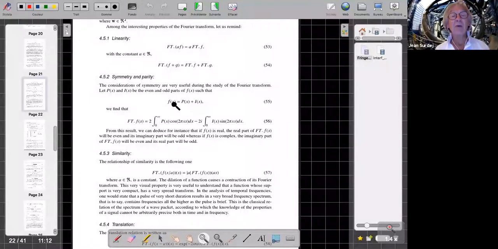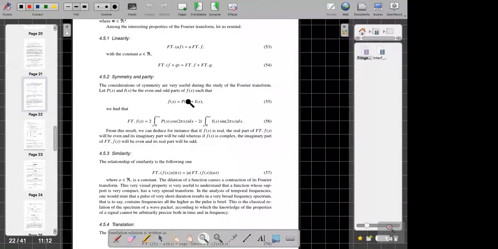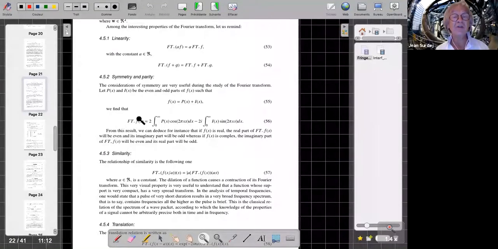Now, if you insert this representation of the function in the definition of the Fourier transform, you find that it is the integration from minus infinity to infinity of f(x) multiplied by the complex exponential function.